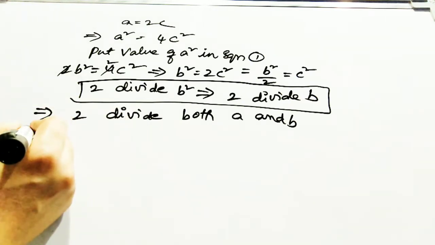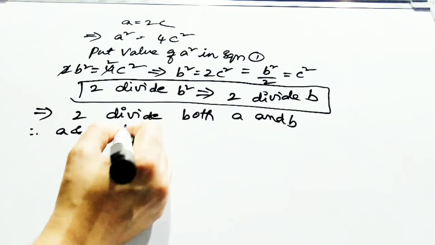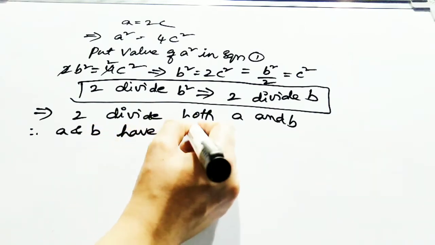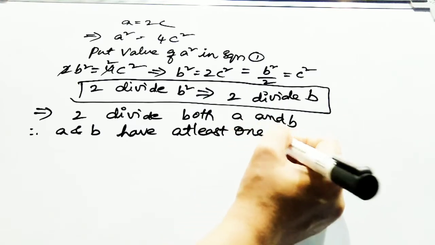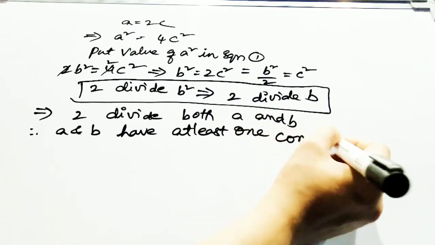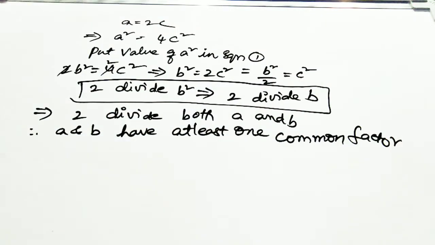Both a and b have at least one common factor. But we already cancelled that common factor and taken a and b as co-prime.